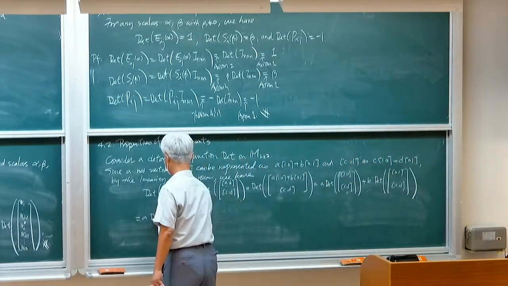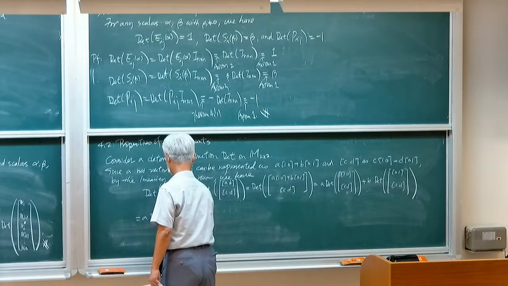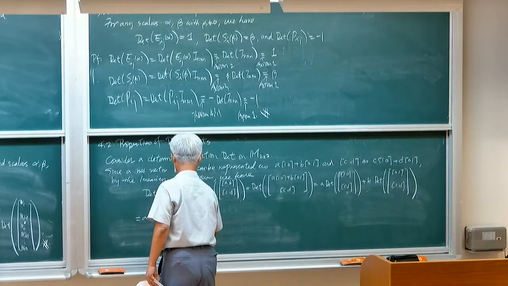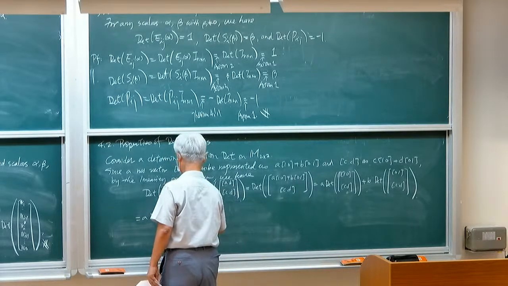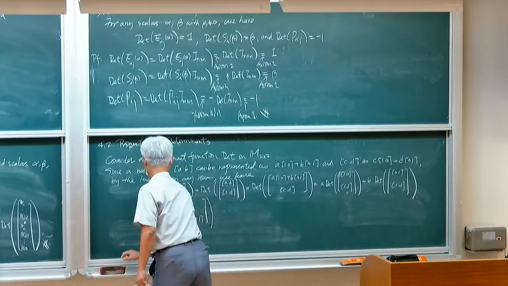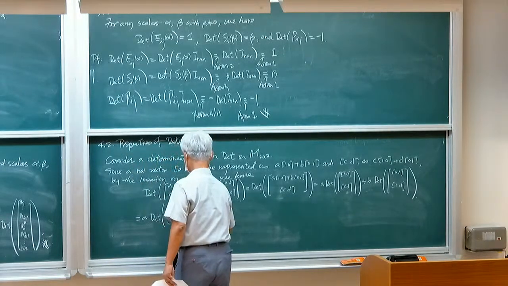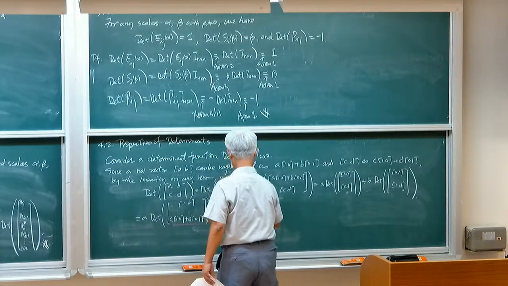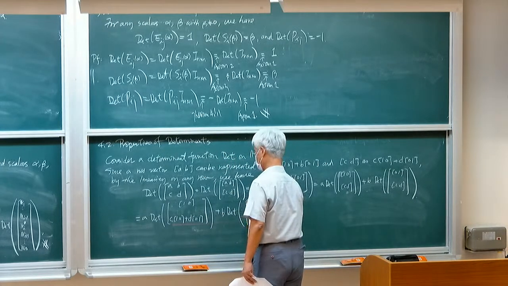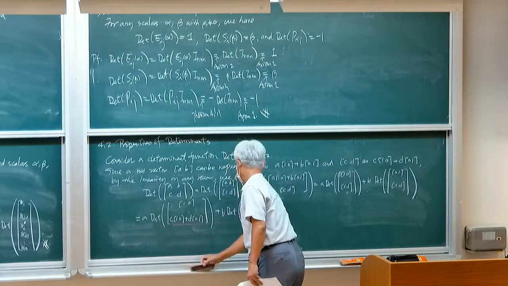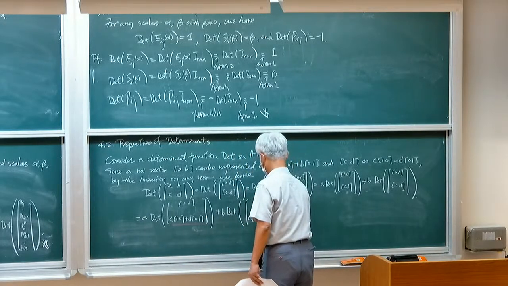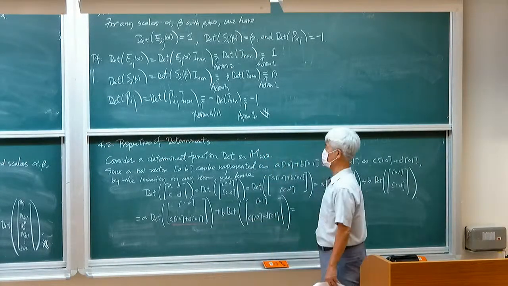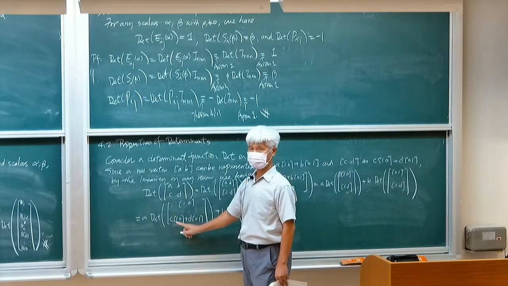So that would be a times the determinant with rows (1, 0) and c(1, 0) plus d(0, 1), plus b times the determinant with rows (0, 1) and c(1, 0) plus d(0, 1). Now apply the linearity on the second row.